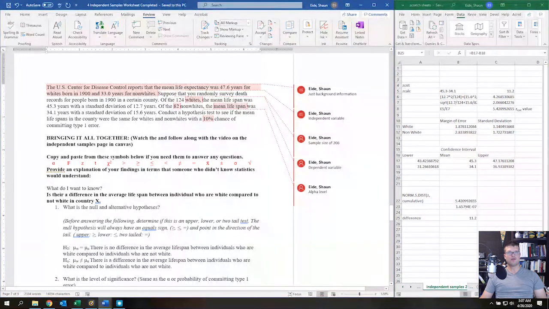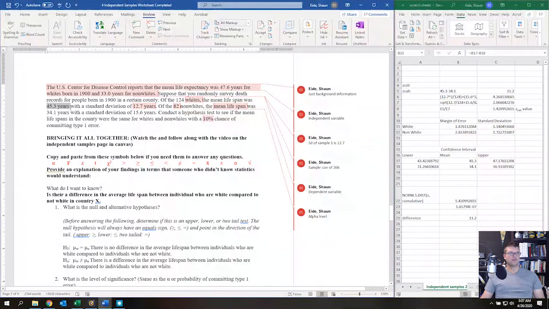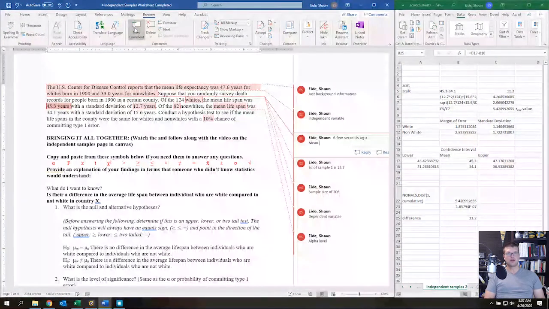Then we have the independent variable, which is whether you're white or non-white. Then we have a sample size of 206, because we have 82 individuals that are non-white and 124 individuals that are white. And then we've got the standard deviation of sample 1, SD of sample 1, is 12.7, and the mean of sample 1 is 45.3 (the problem states 43.5).